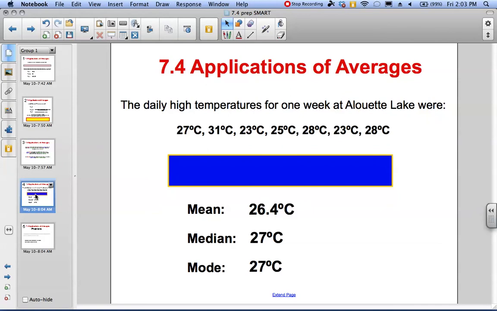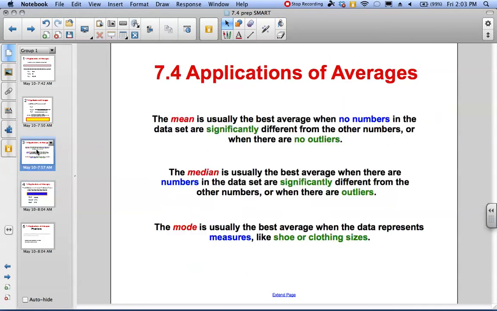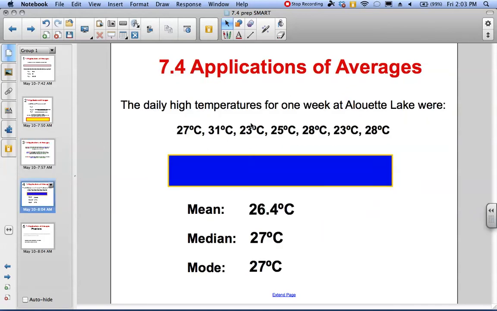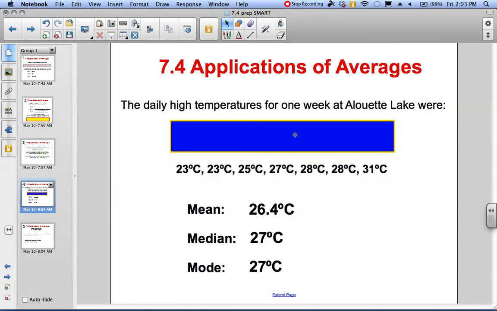So let's look at this again. Now that we know this, let's look over here. The daily high temperatures for 1 week at Alouette Lake were, there's 7 there, put them into order from lowest to highest. If you add all of them up and divide by 7, you get your mean, which is about 26.4. It has a bit of a remainder, but we're going to round it to 26.4 degrees.